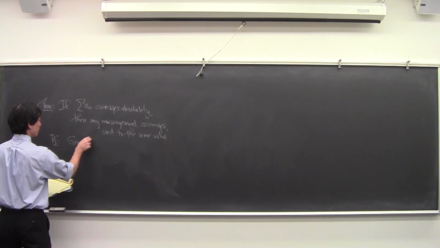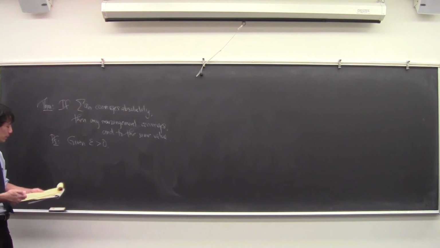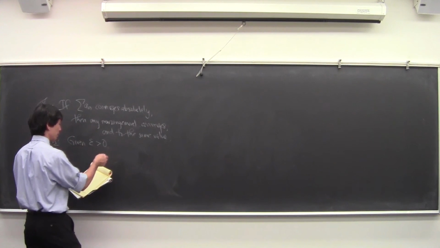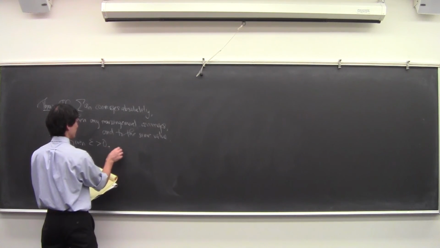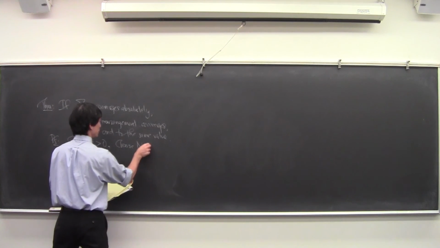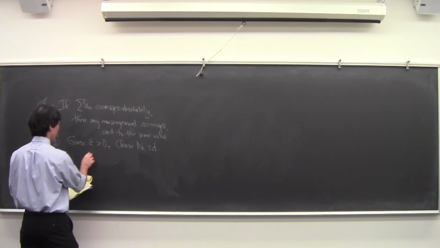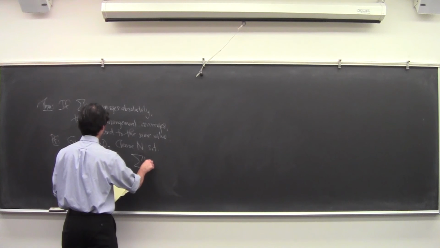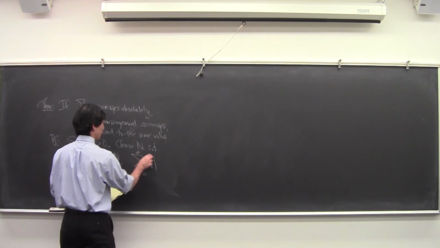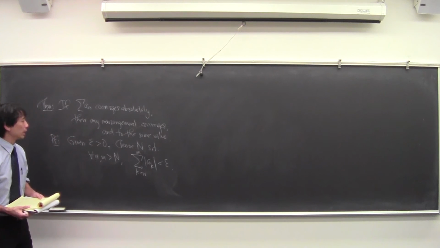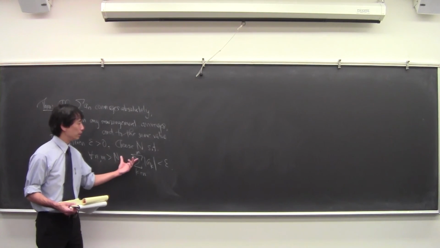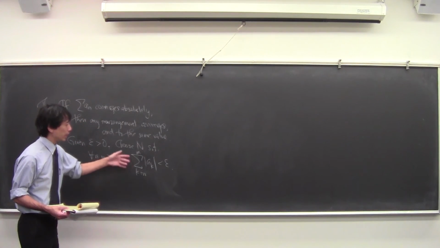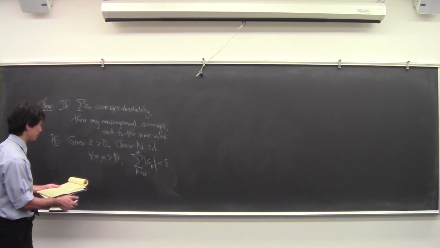So suppose we have some epsilon. Choose N such that for all n bigger than N, the sum of the absolute values of the a sub k, when k equals N to m, is less than epsilon. Okay, so that's to say that the terms from 0 to capital N contain the meat of the series.